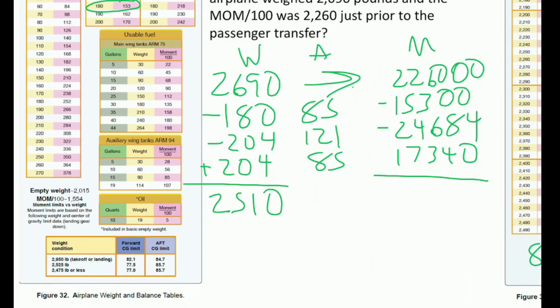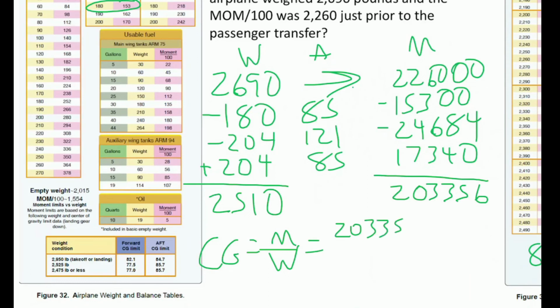We take our moments, we subtract those numbers, add that number, we end up with 203356. Remember, CG equals moment over weight, which means we take that 203,356 over 2510, which gives us a CG of 81.